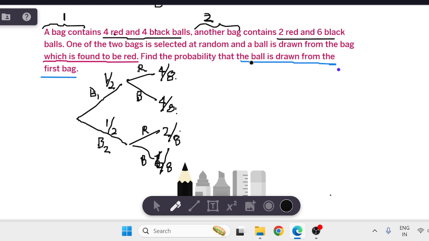Now we have to find the probability that the ball drawn is from the first bag. As we have learned in conditional probability, whatever is given, found to be red, will be at the bottom.